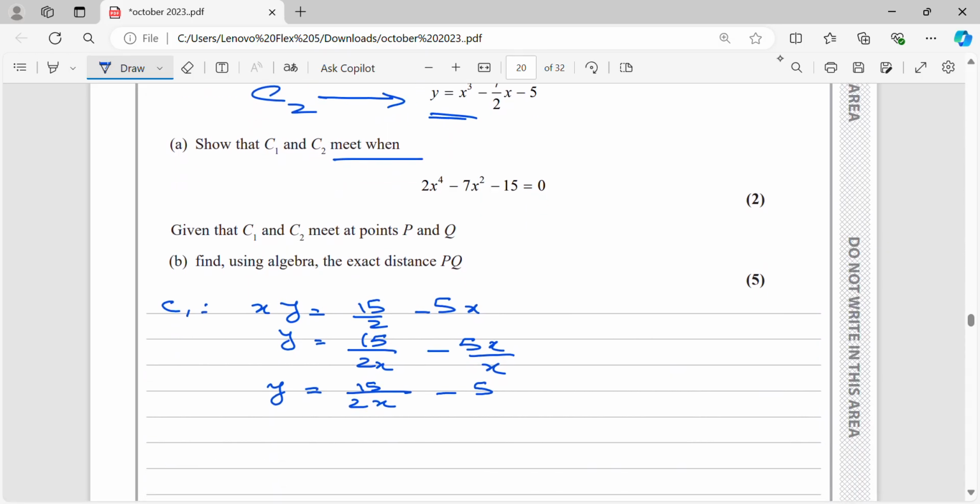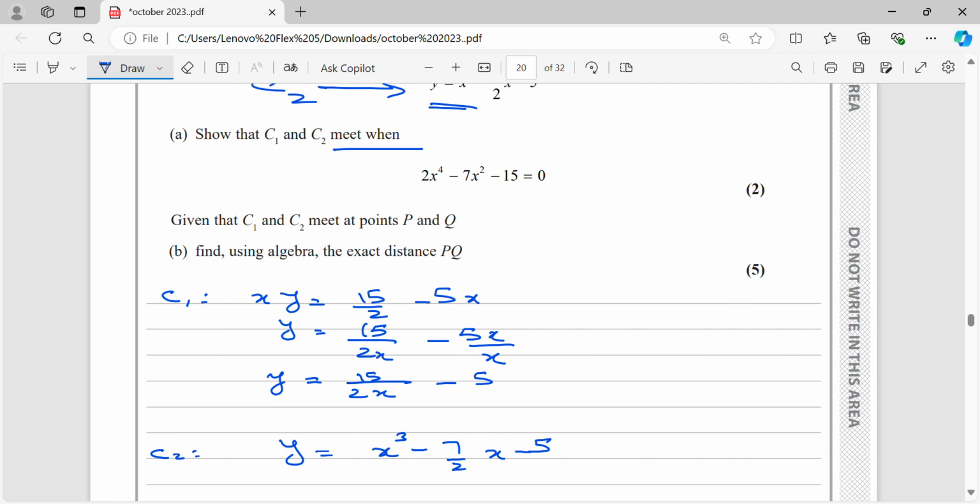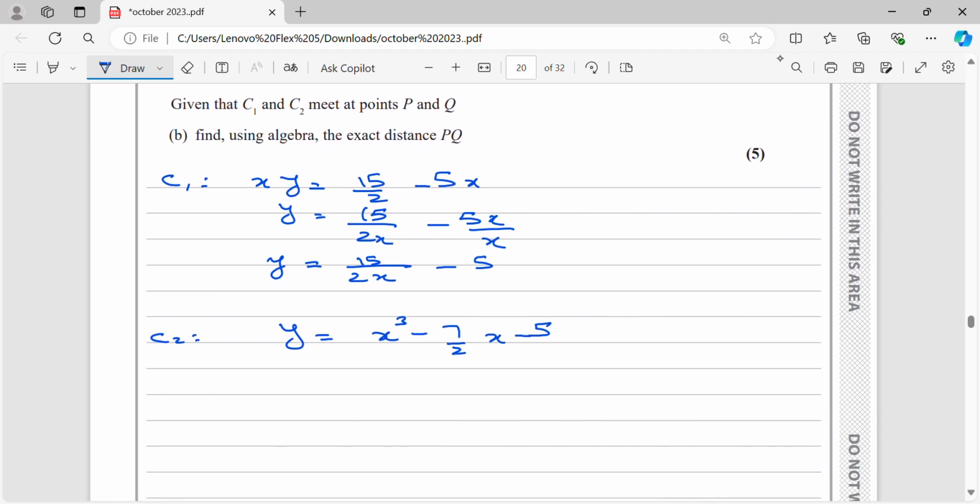And C2 is y equals x cubed minus 7 over 2x minus 5. Let's replace y with C1. That is 15 over 2x minus 5.